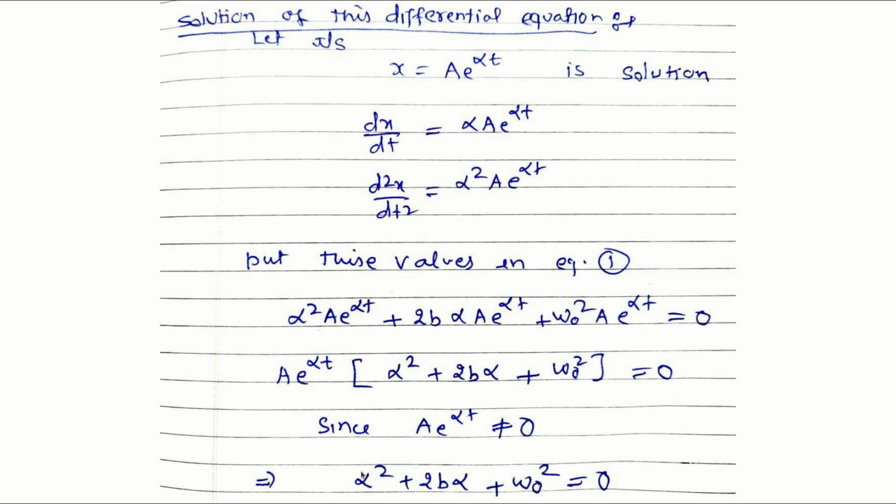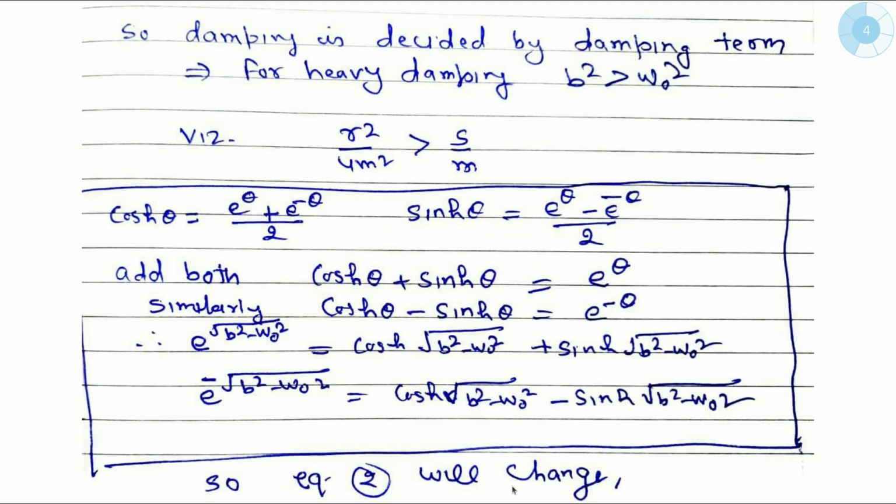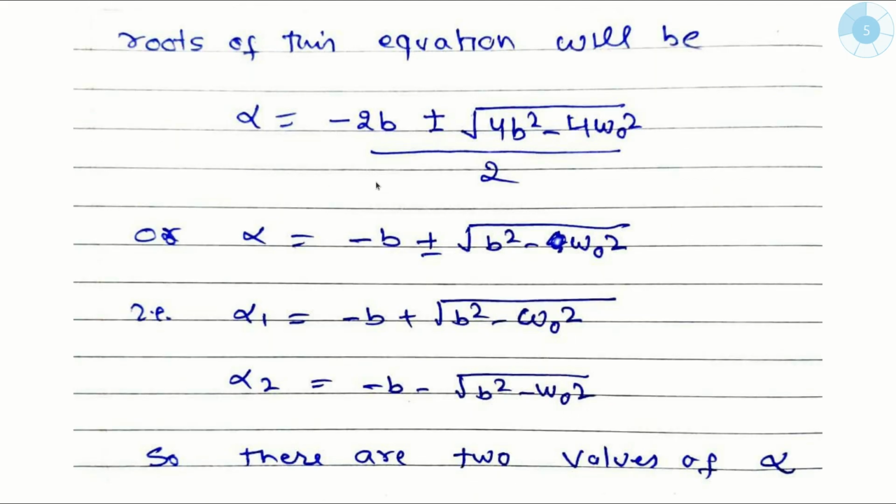With alpha square there is 1, so the value of a is 1, the value of b is 2b, and the value of c is omega naught square. So we can apply the formula: alpha equals minus 2b plus minus under root of 4b square minus 4 omega naught square, divided by 2.